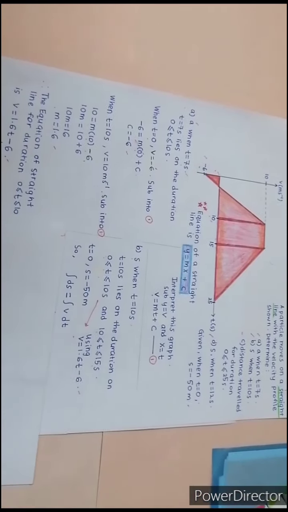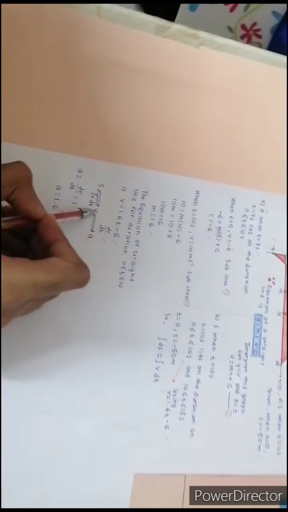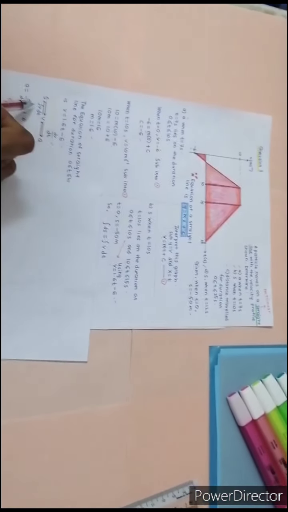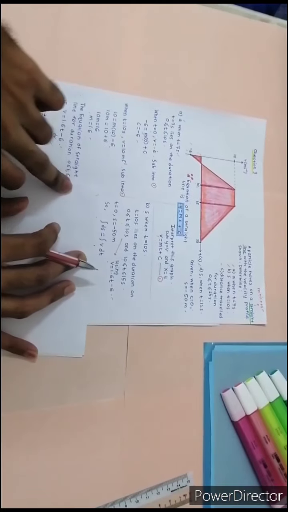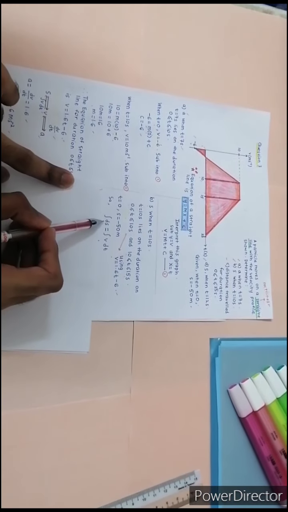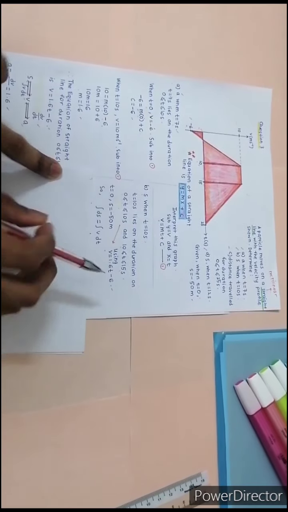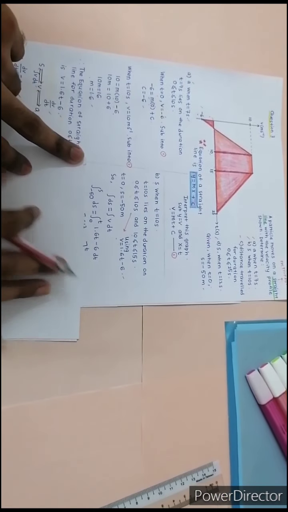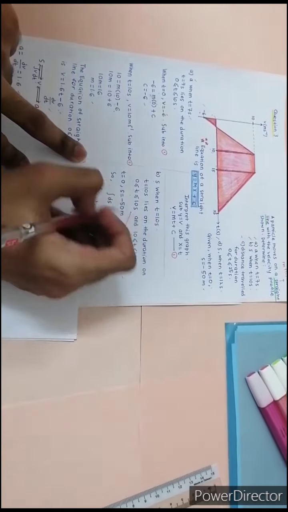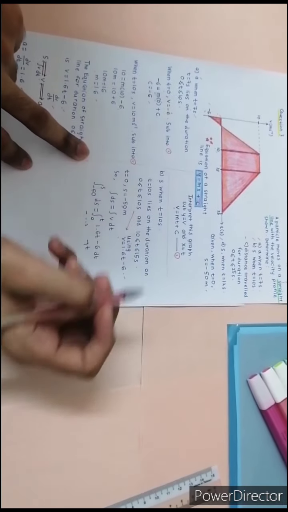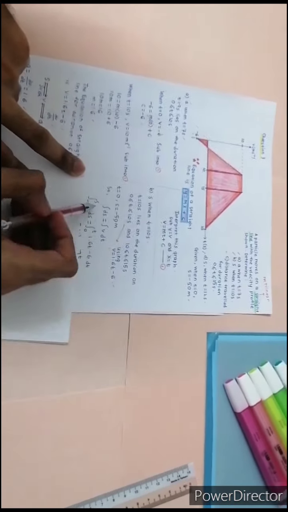For velocity to displacement, we integrate. So the integral of displacement equals the integral of velocity dt. The limit of displacement will be from negative 50 to s.